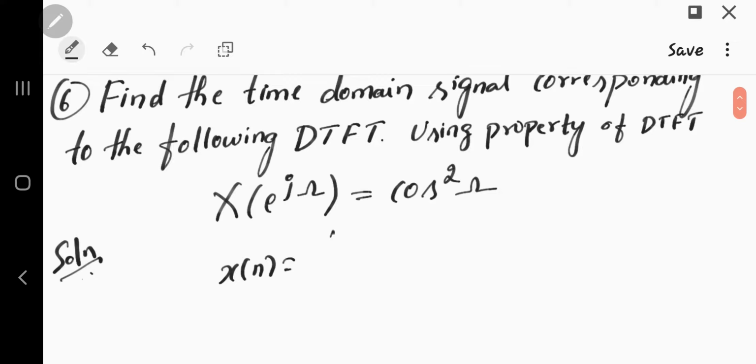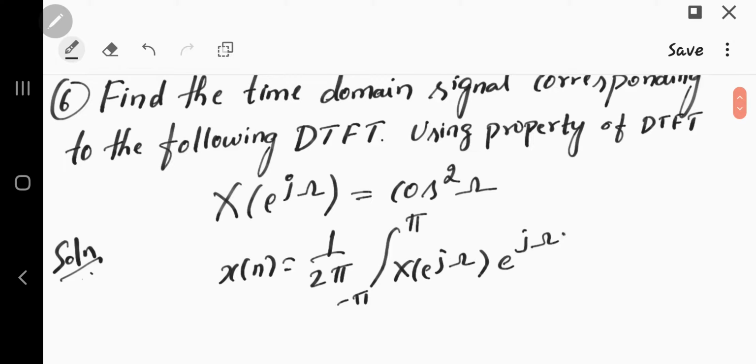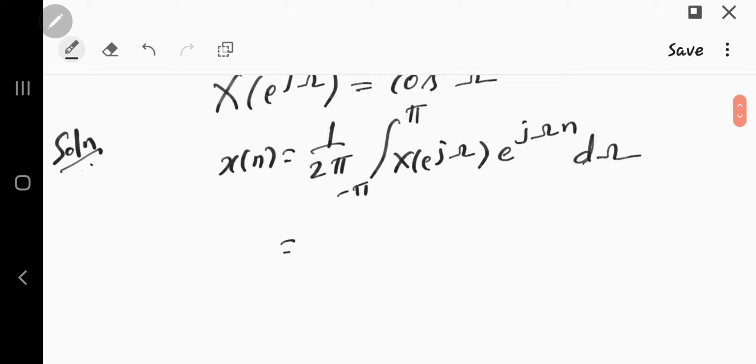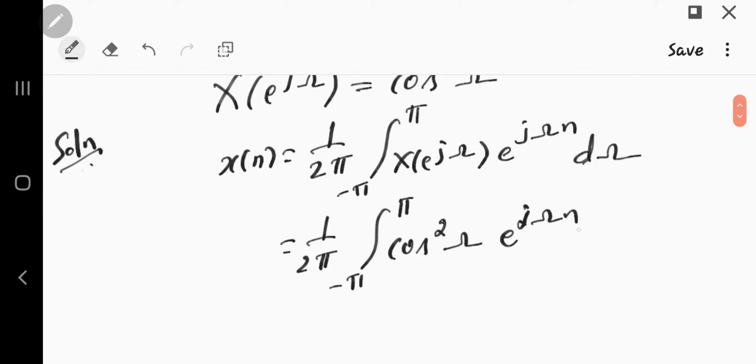So we have x of n is equal to 1 by 2 pi integral of X of e power j omega, e power j omega n d omega. Now substitute this value of X, that is cos square omega, e power j omega n d omega.